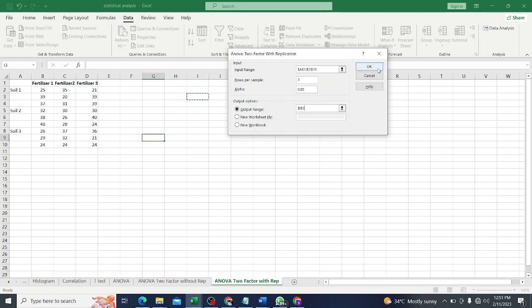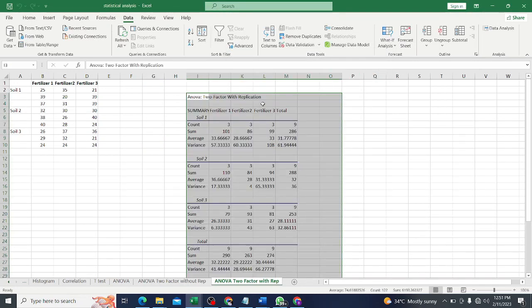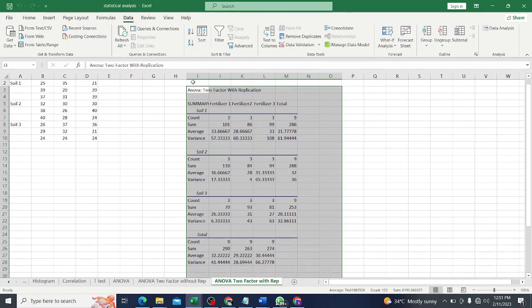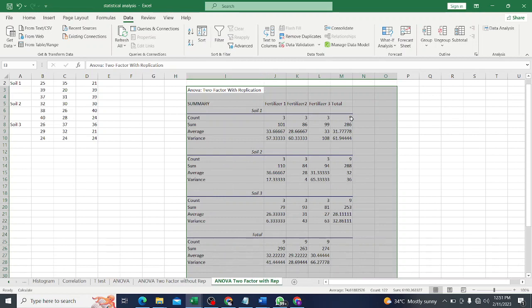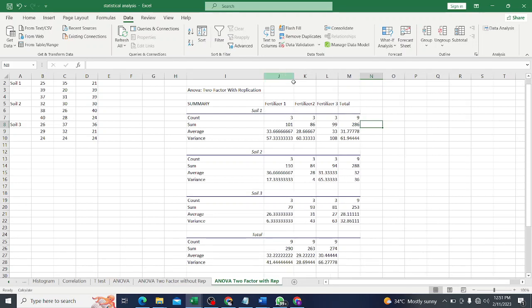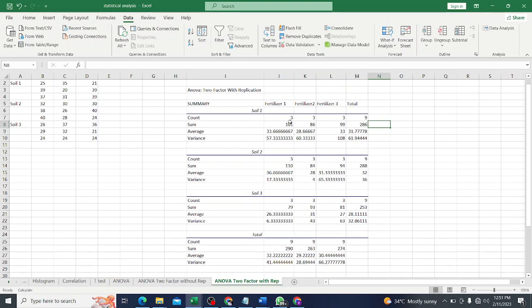Now we click OK. Then we have our result here, quite large. This is the summary result, and this is for soil 1, with fertilizer 1, 2, and 3 in soil 1. What do we have?